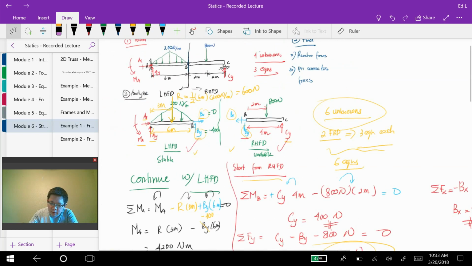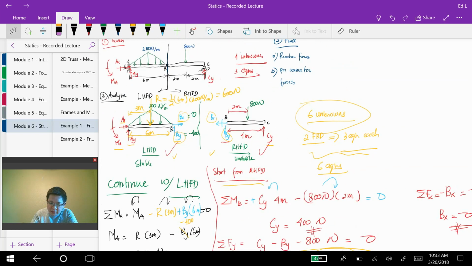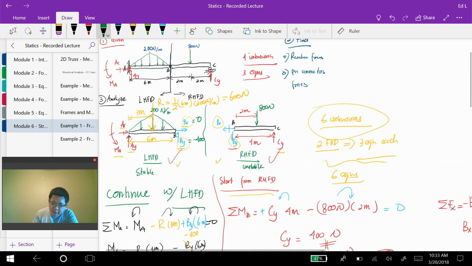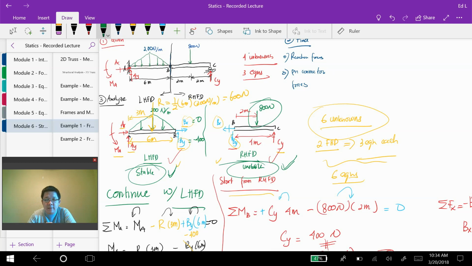There's one more thing that I would like to say: since the composite structure can be divided into the stable portion and the unstable portion as described here, you can see that all of the forces applied to the unstable part will be distributed to the stable part. However, the forces applied on the stable part will not be distributed to the unstable part.